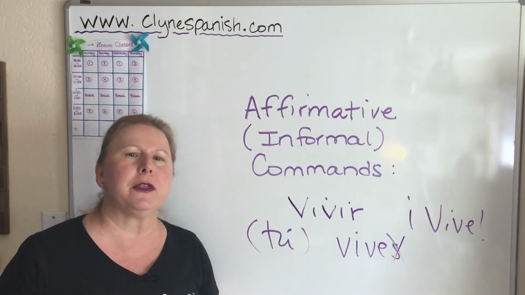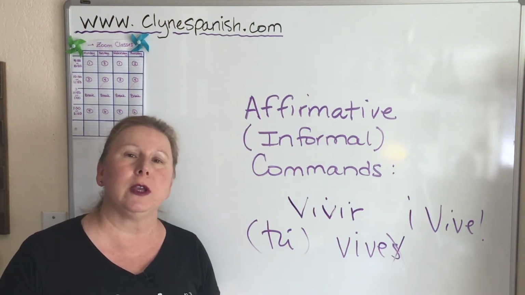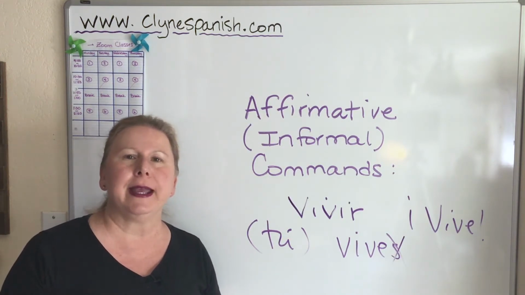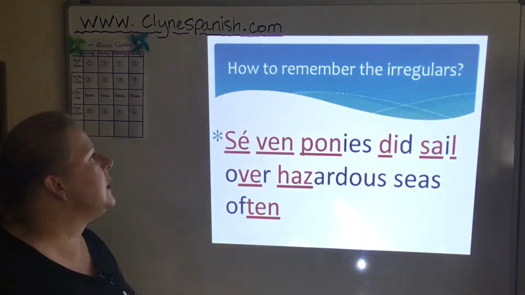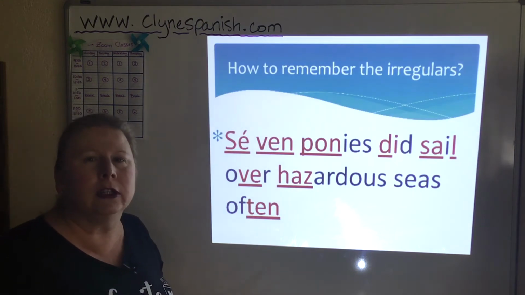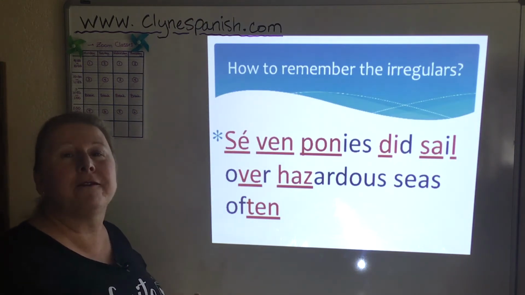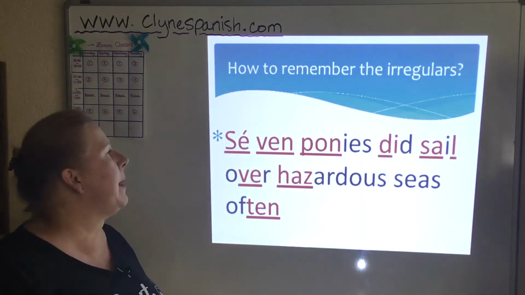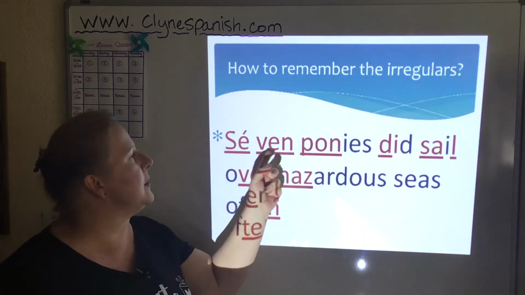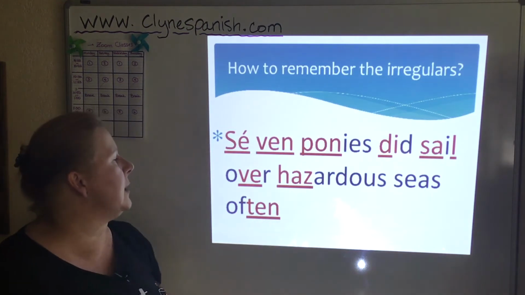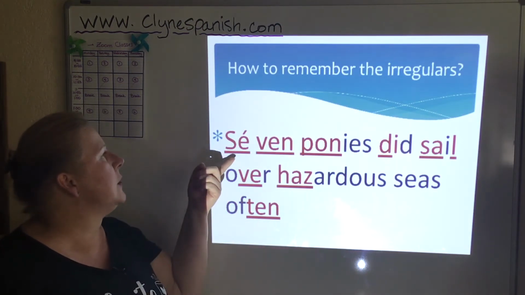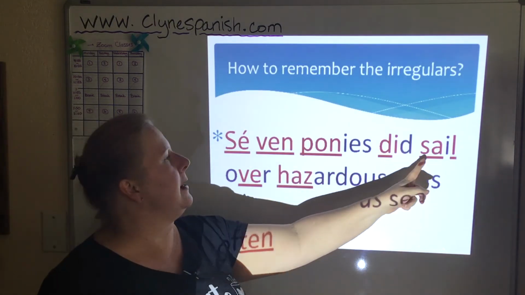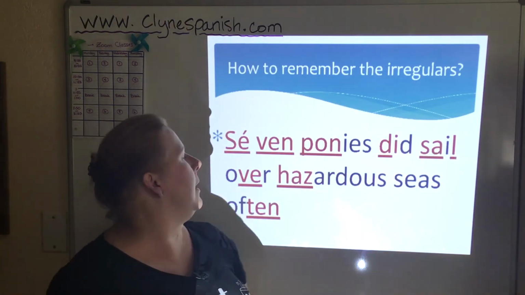But remember, the tricky thing about the affirmatives is that they're irregulars. Let me quickly just put those up on the screen so you can remember, and then we'll transition over to the negative commands. Okay, clase, so remember there were some irregulars with the affirmative commands, and I had this cheesy sentence to help you remember. There's seven. So 7 ponies did sail over hazardous seas often. So se, and then ven, and then pon, di, sal, remember?